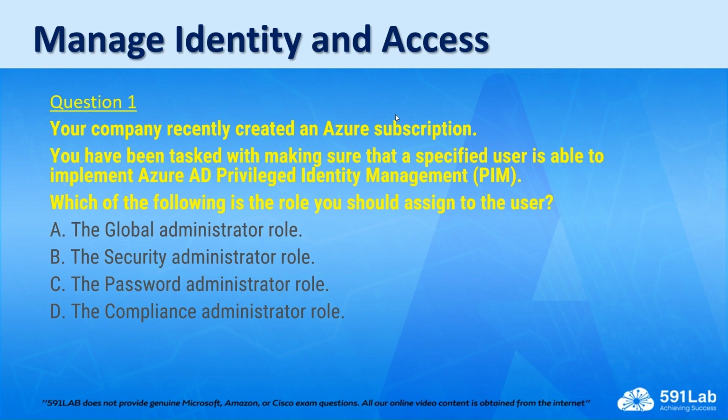Another role here is the password administrator role. The scope of the password administrator role is to help manage password-related tasks in Azure AD. From that definition alone, that disqualifies choice C as the answer, because that role's only work is to manage password-related tasks in Azure AD.